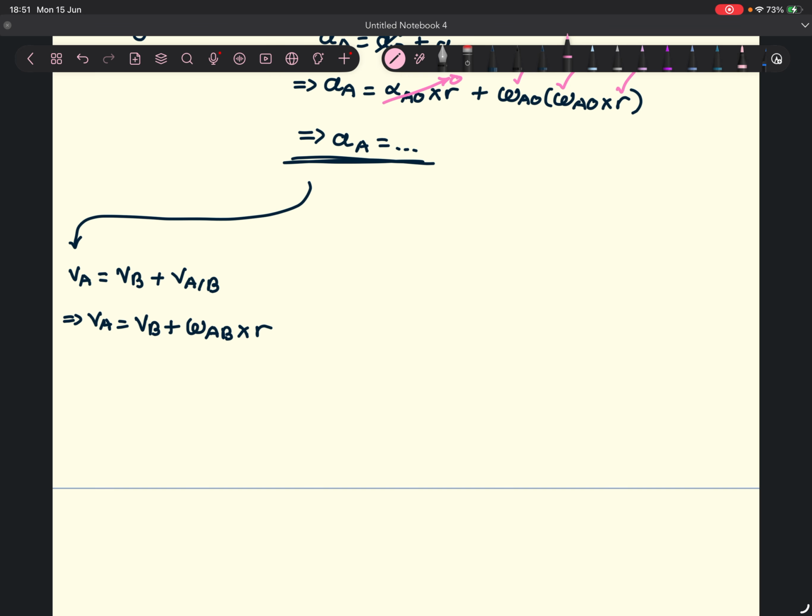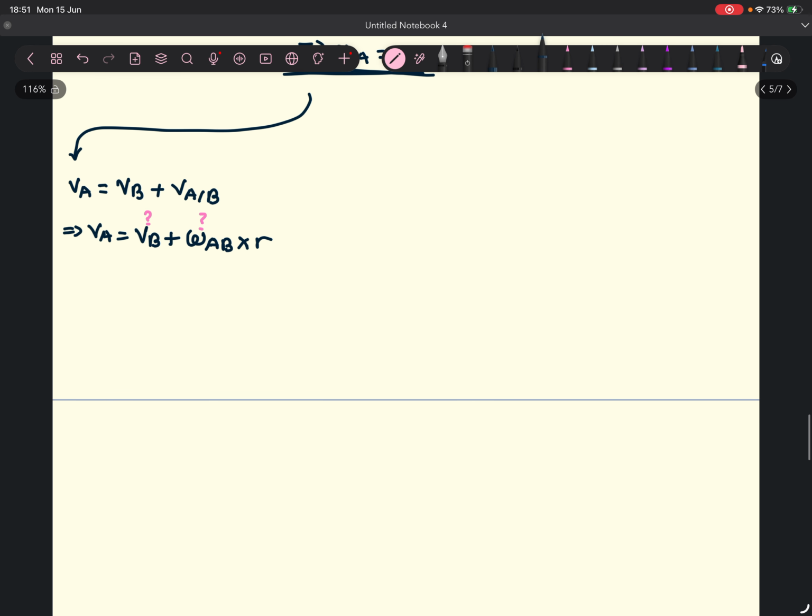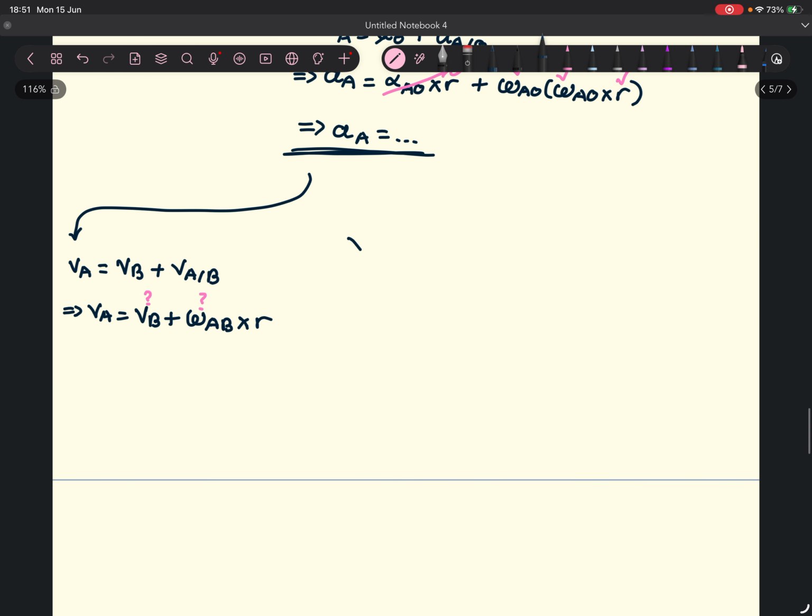So we don't know what VB is and we don't know what omega is. So let's try and draw a triangle and see if we can get anything from that. So I'm first going to draw a link AO just to get the direction of VA, right?